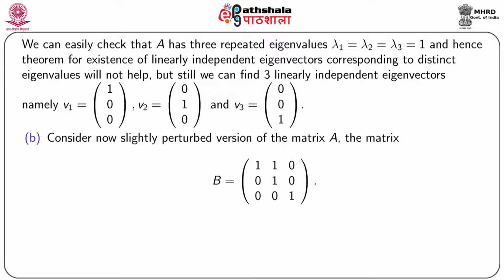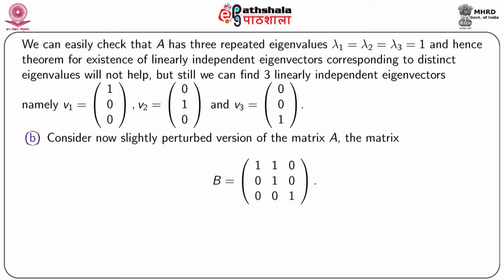You do that by taking the determinant of A minus lambda I equal to 0, and you get the values to be 1, 1 and 1. Hence in this case the theorem is not applicable, but still we can find three linearly independent eigenvectors, namely 1 0 0, 0 1 0 and 0 0 1, which we name V1, V2 and V3.